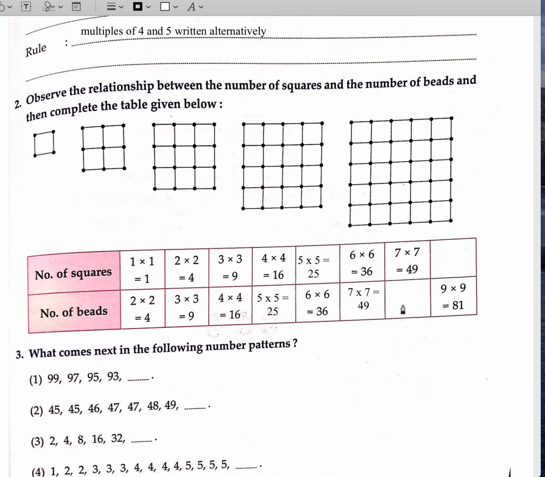Here there will be 8 into 8 and 8 into 8. So 8 into 8 is equal to 64. So we'll write this here, and now the table is complete.